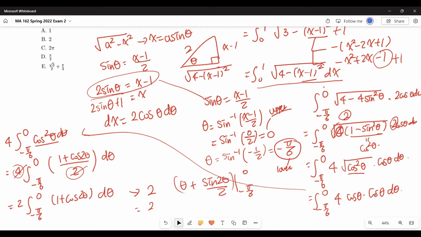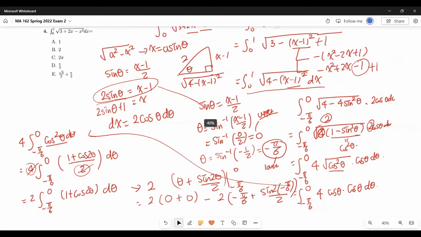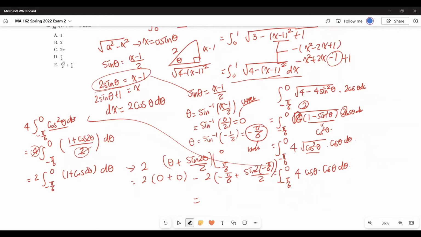Let's plug in 0. This just becomes 0 plus 0. Cool, minus 2 times (negative pi over 6 plus sine of 2 times negative pi over 6, over 2). So this is going to be 0 minus 2 times (negative pi over 6), and then minus 2 times (sine of negative pi over 3) over 2.